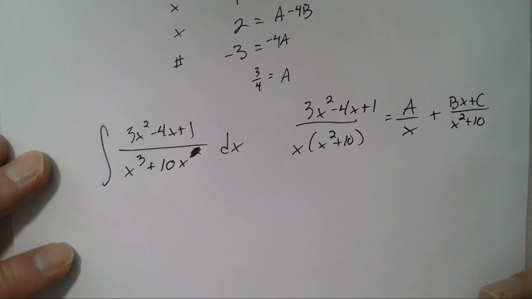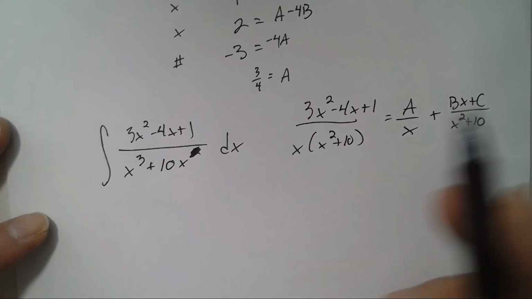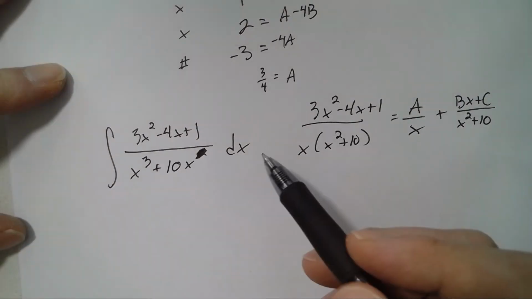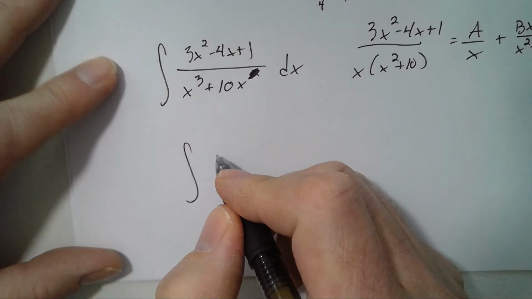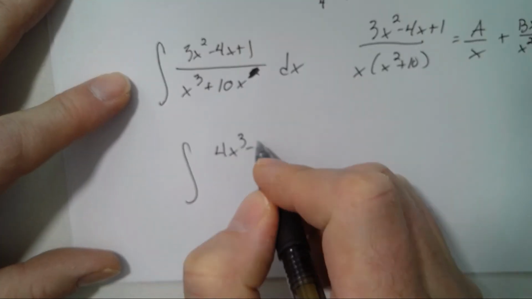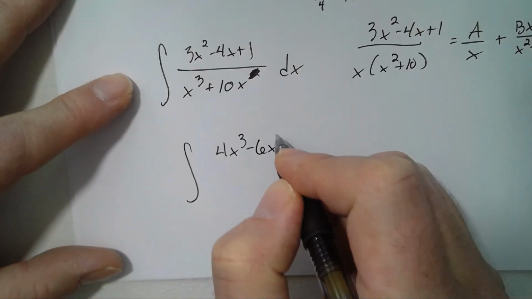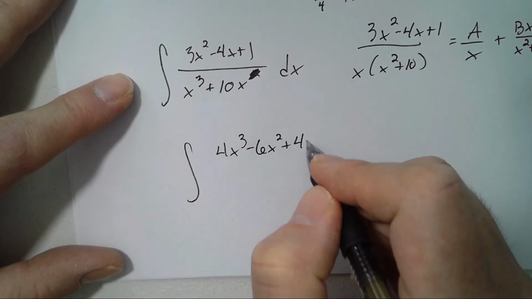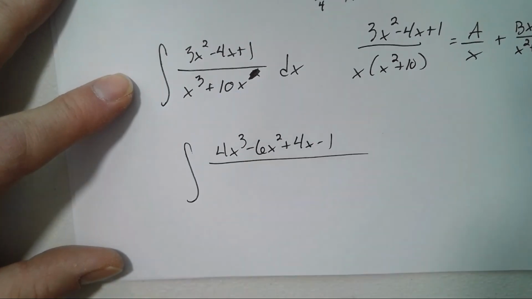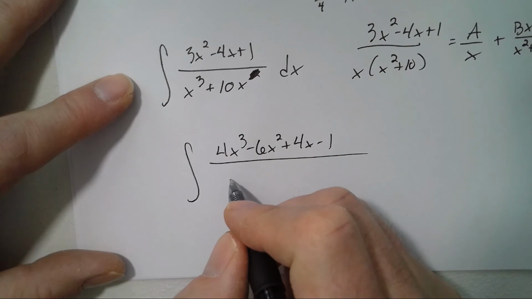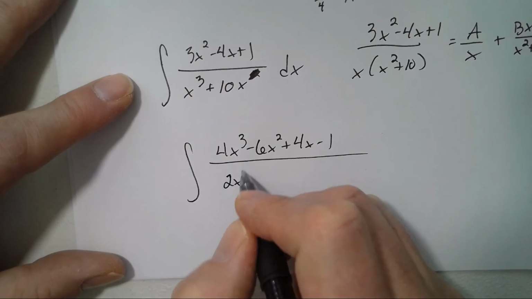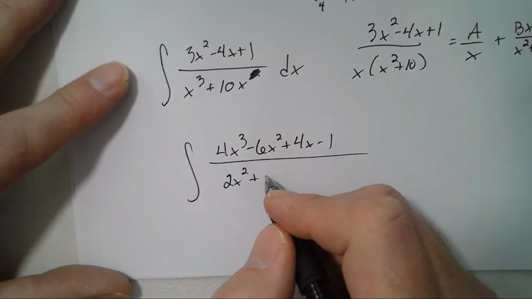I think there are problems like that in your assignment. So all of these fractions have not been improper, but if you have something like 4x cubed minus 6x squared plus 4x minus 1 over 2x squared plus, I don't know, x minus 2.